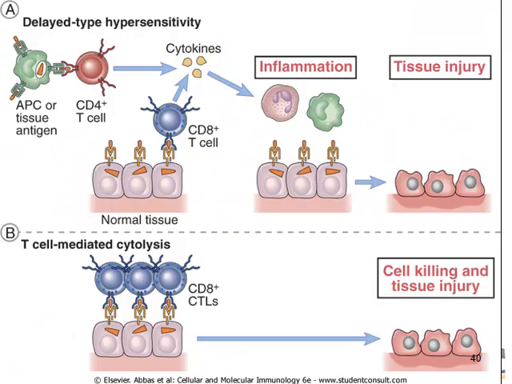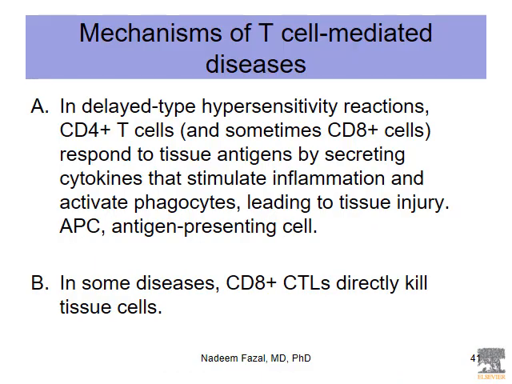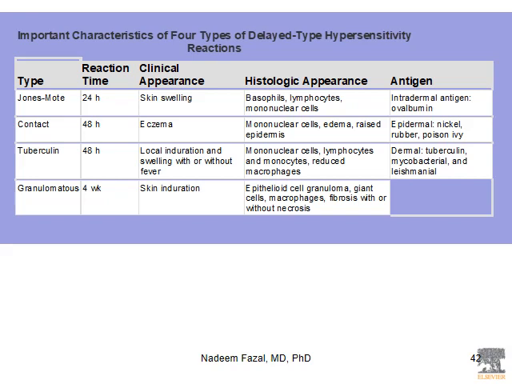Okay, let's see. We talked about delayed hypersensitivity reaction. I don't want to spend my time on that. These are some of the characteristics of delayed type hypersensitivity. So you can see all the way from the beginning to 24 hours to 4 weeks.